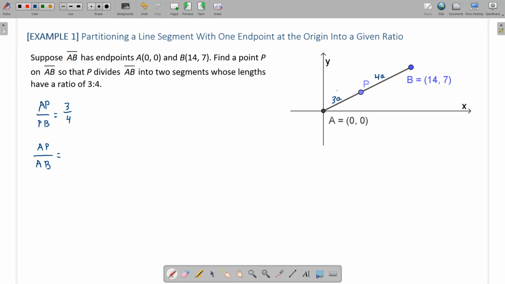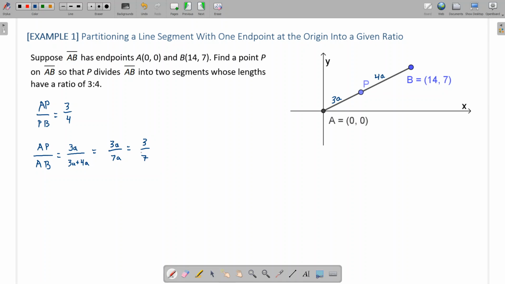These two segments would then have the ratio of 3/4. This enables us to write down the ratio: AP would still be 3A, and then AB would be the whole thing, 3A plus 4A, which simplifies to 3A over 7A. In other words, it's 3/7.